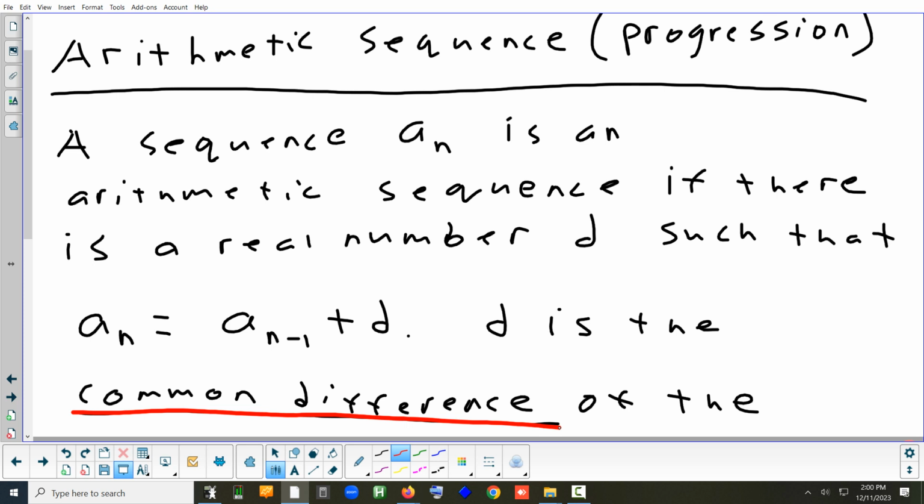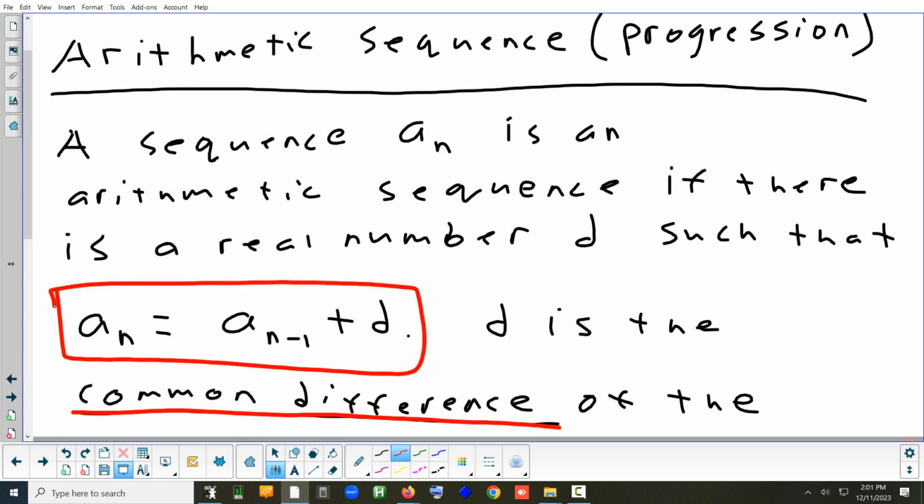And the way you figure out what D is, take any term in the sequence and subtract the one immediately before it. That's how you find the common difference. And this kind of formula right here, is that explicit or is that recursive? Recursive. You're adding something to the previous term to get the next term.